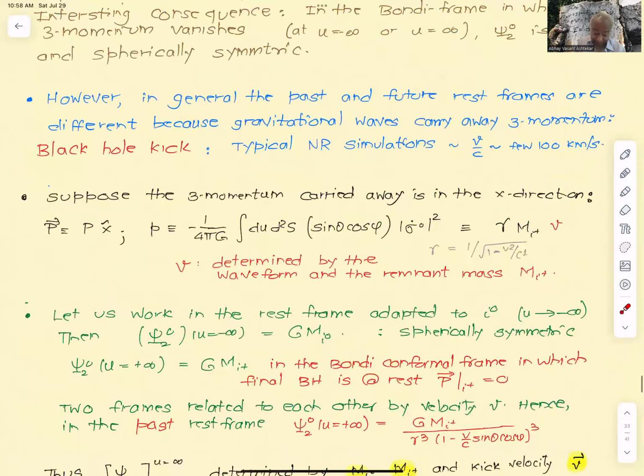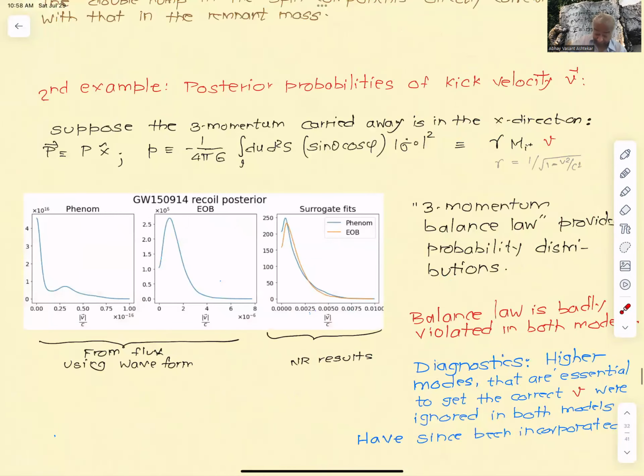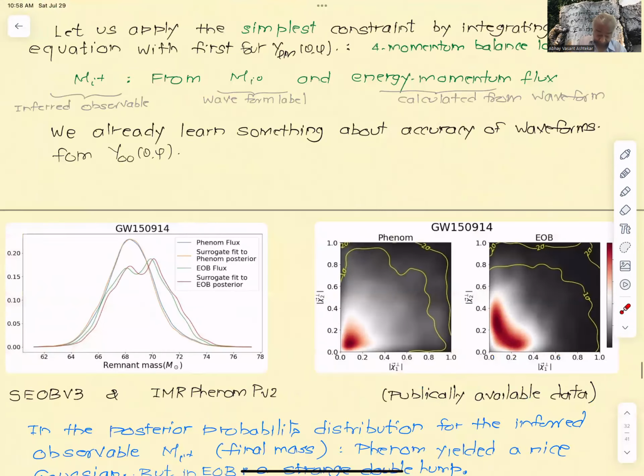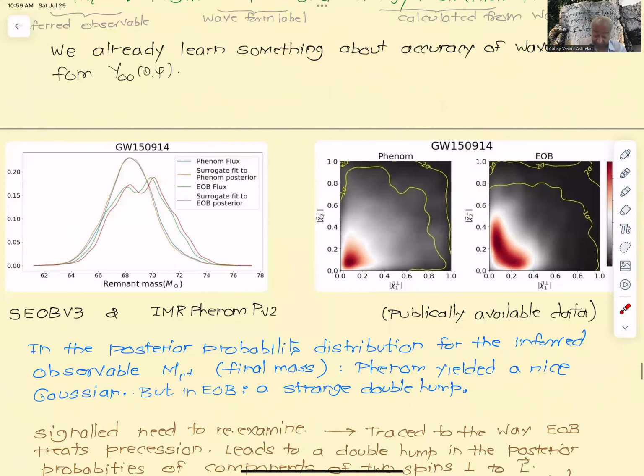For example, in the case of even the famous event, the first event up here, the EOB model which was used for this event, if you look at the balance law, its predictions have this double hump, and there's something clearly wrong, and then we could trace that double hump back to the way that the precision was done.